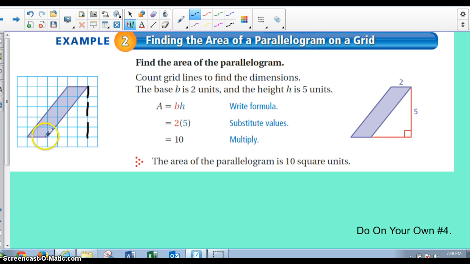This is what we use for the base. This is what we use for the height. So we do 2 times 5 and you get 10. 10 square units. It can also be written as 10, and then you can write a U or the word units, and then you have that little 2 right here. That means squared, that little 2. Please do on your own number 4 and come on back.